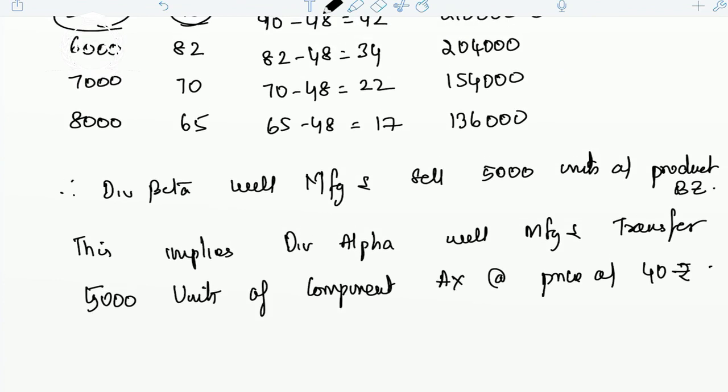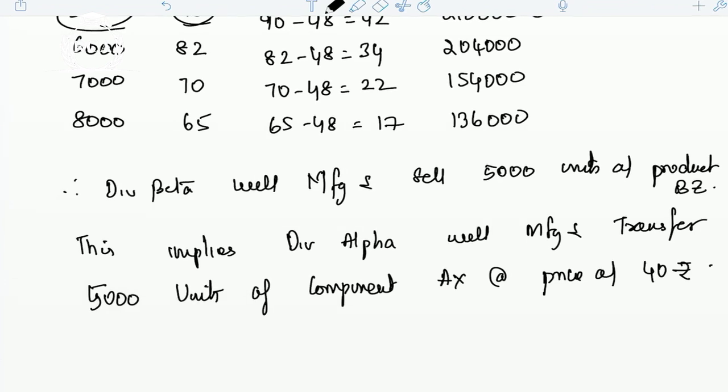We will now do profitability under this. Yes, beta, I hope you're all done with this. Yes, sir, we are all done with this.